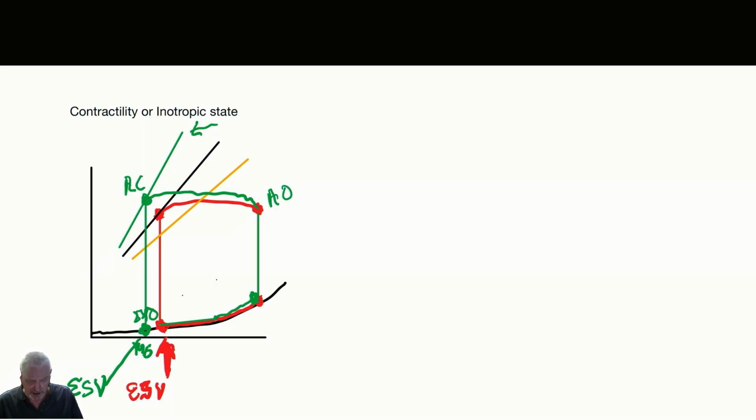What are the implications of that for what's going on with the curve? Well, our initial stroke volume was the width of the initial curve. And so that was our initial stroke volume under normal conditions. When the contractility goes up, our new stroke volume, the width of this, is now this. And you'll remember stroke volume is equal to end diastolic volume minus end systolic volume.